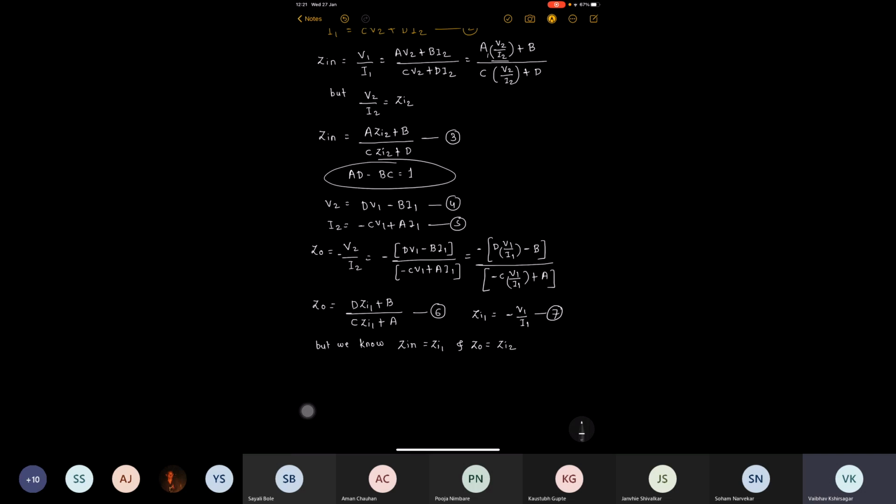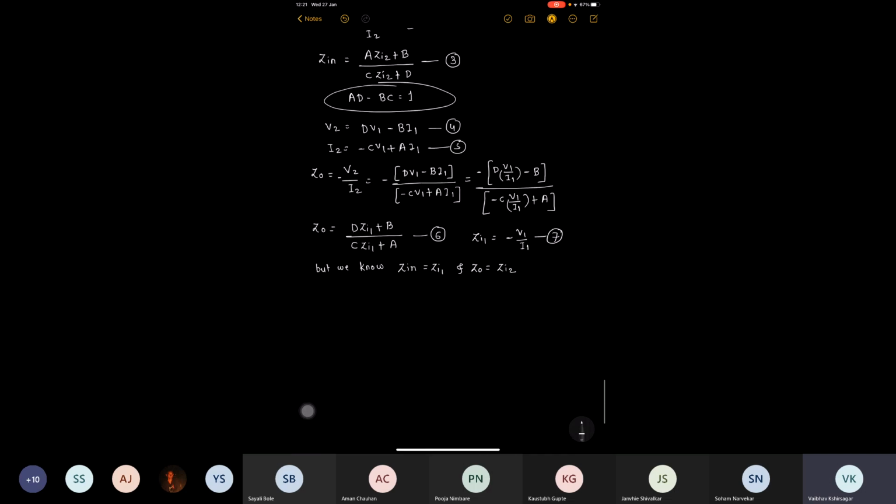Therefore, from equations 3 and 6, we can write directly, rearranging the terms, Zi1 into C Zi2 plus D equals A Zi2 plus B. Call this equation number 8.